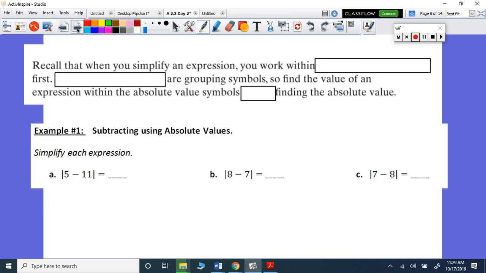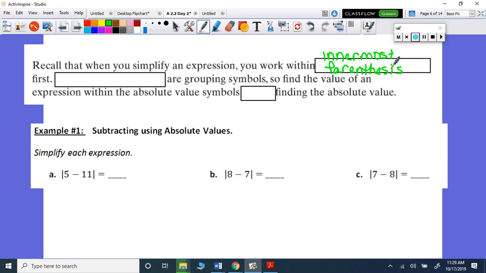So, in grouping symbols, you learned through PEMDAS that you would have to work with your parentheses first, or the innermost parentheses first, okay?